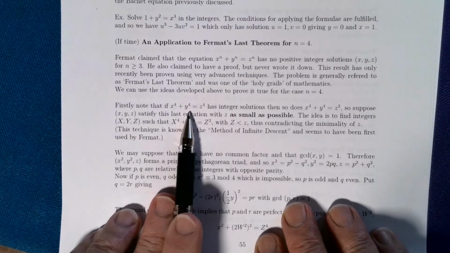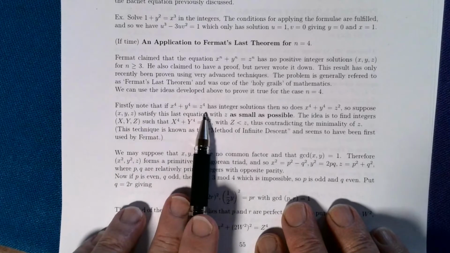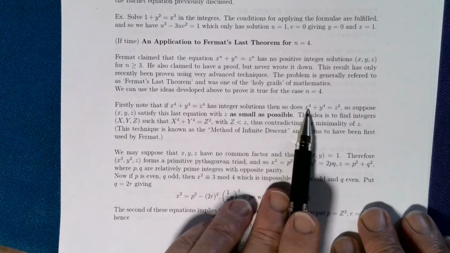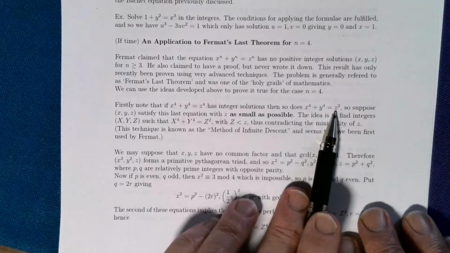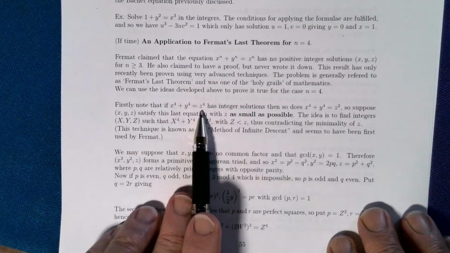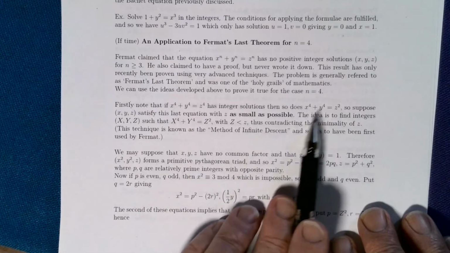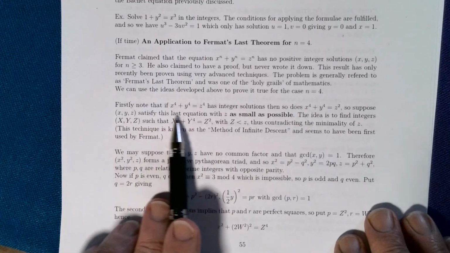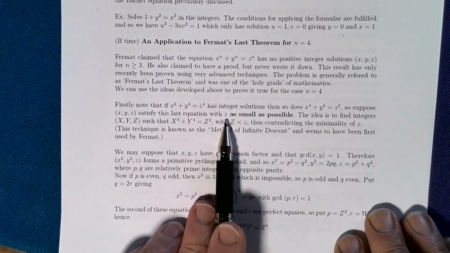So, we start off with this equation. Let us suppose that it has integer solutions. If it does, then so does this equation, since I can simply take the square root of this and replace it, so this equation has solutions as well. So suppose x, y, z satisfy this last equation with z as small as possible.